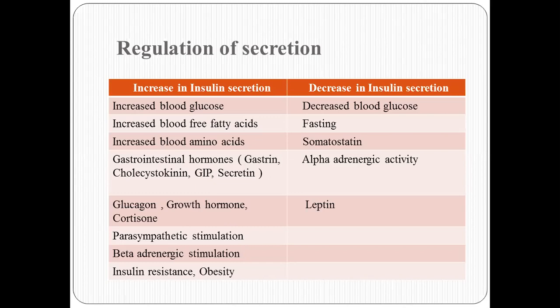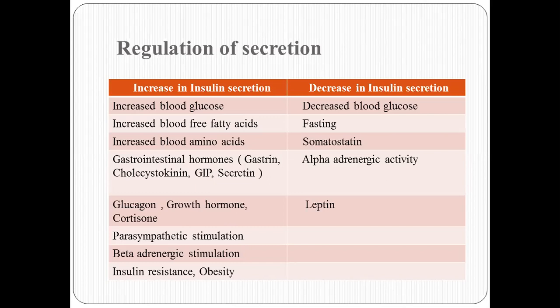But you also have some of the factors which are causing the decrease in the insulin secretion. So normally after a meal, you get the secretion of insulin, but immediately after some time, it will cause a decrease in the insulin secretion. So what are these factors? The first and most important is the blood glucose level. So the blood glucose level manages the secretion of insulin.